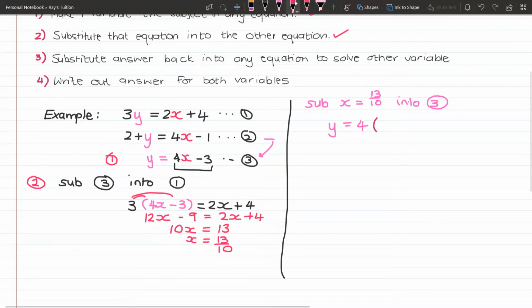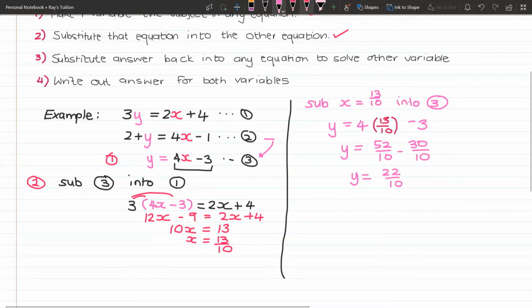I'm going to put 13 over 10. Okay, so that is that equation. Then we just solve for y. So this here is equal to 52 over 10 minus, I'm going to convert this to an improper fraction. And finally, we get that y is equal to 22 over 10.